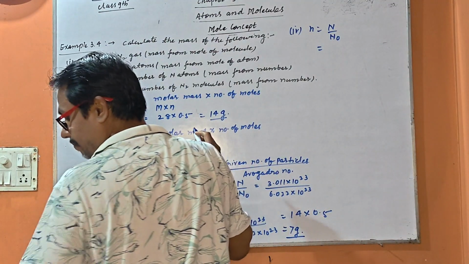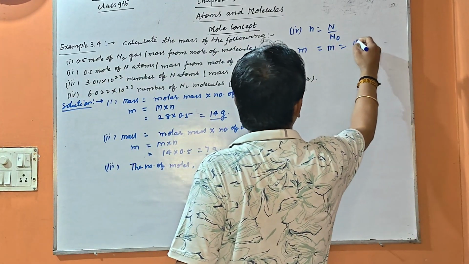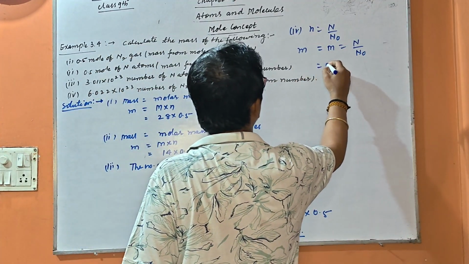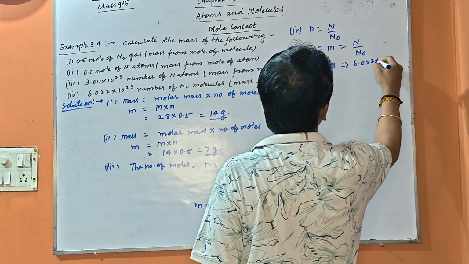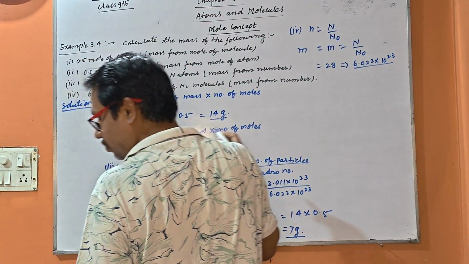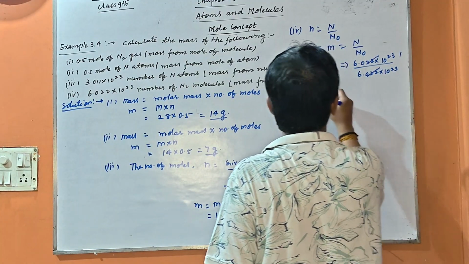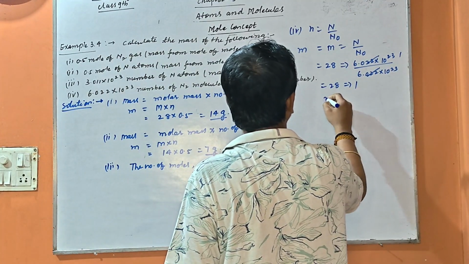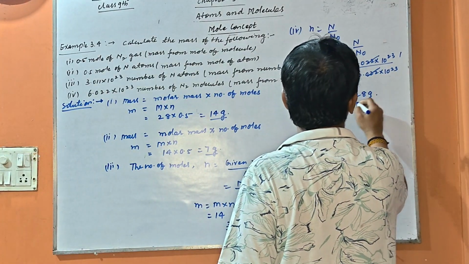You can write here m is equal to M into N by N0, so 28 into 6.022 into 10 to the power 23 by 6.022 into 10 to the power 23, which is 1. Therefore 28 into 1 is equal to 28 gram. This is your fourth answer.